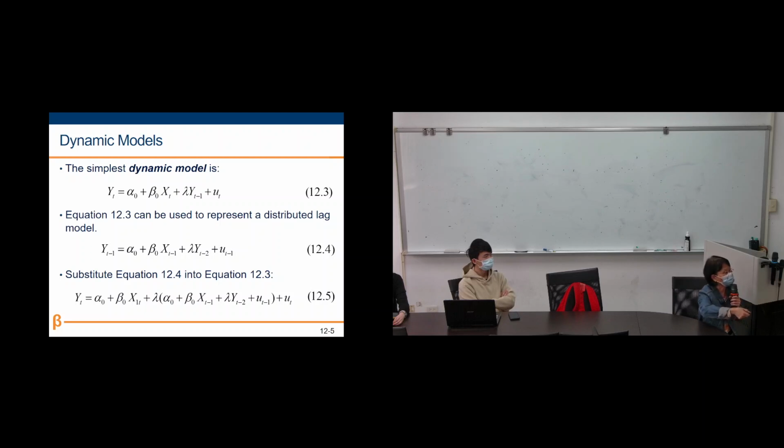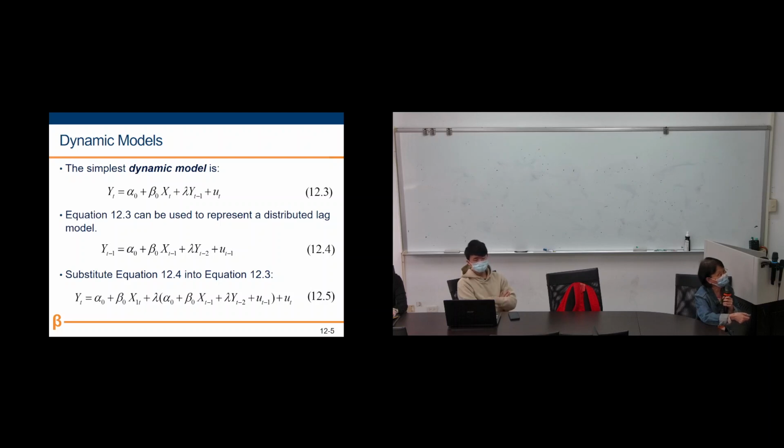Look at this one. Substitute 12.4 into 12.3. Look at 12.4 with y t minus 1, so I substitute everything in for y t minus 1. Then it turns out to be 12.5. Since I'm using 12.4, I plug all of this y t minus 1 into 12.3.